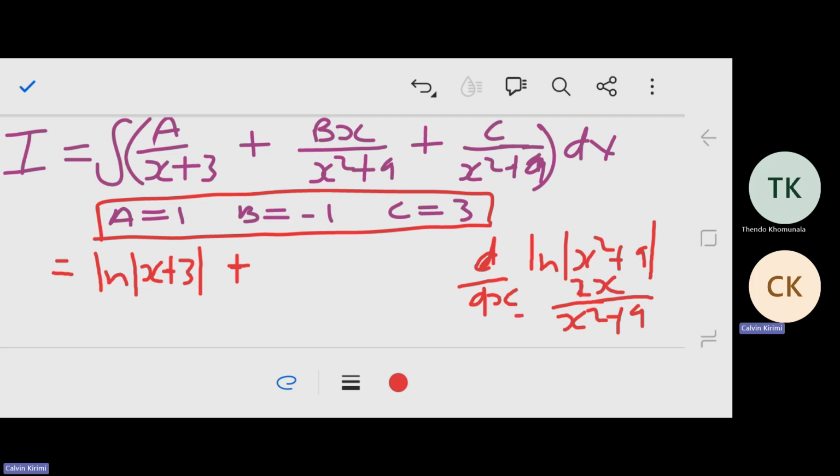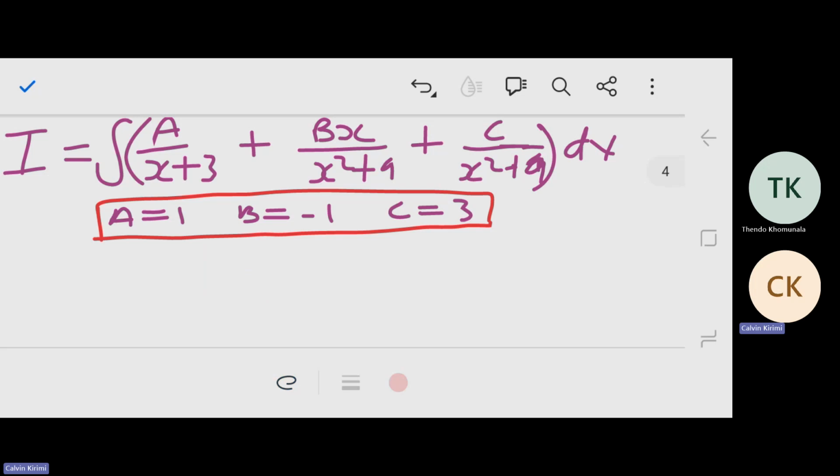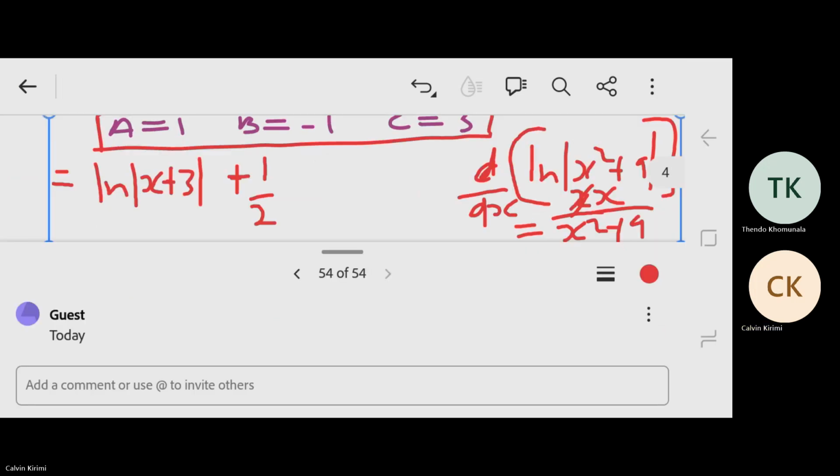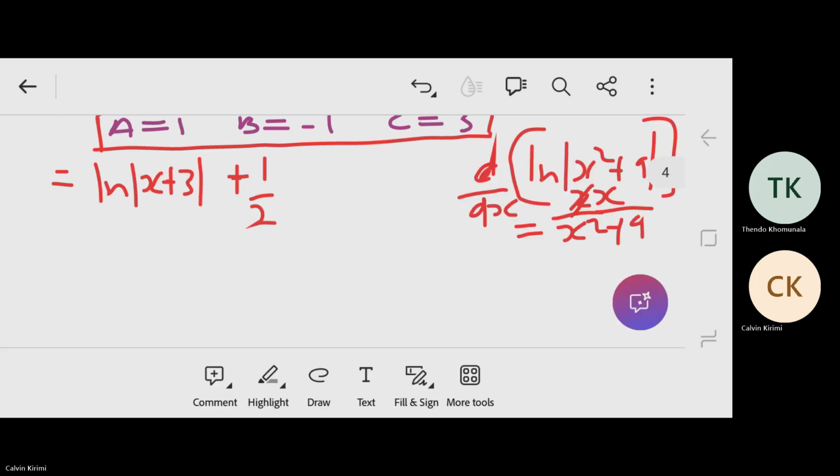So the d dx of this expression is equal to that. But we don't want the 2x. We only want the x. That's why we are putting a half, so the half will cancel the extra factor of 2. That's what is going to happen. So it will be half ln of x squared plus 9. That's what we are going to get.